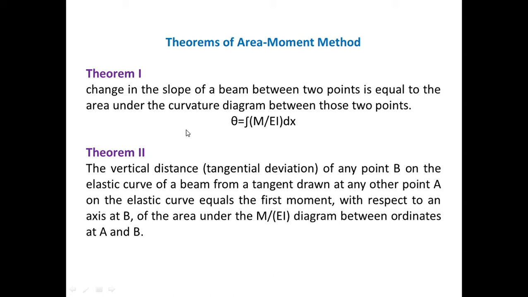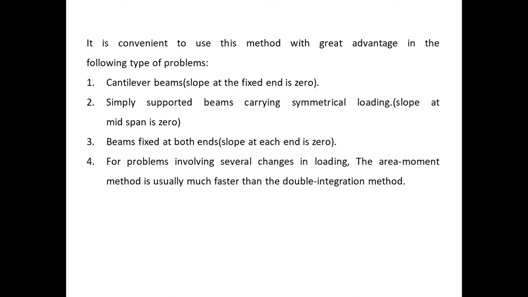Theorem 2 states that the vertical distance, called the tangential deviation, of any point B on the elastic curve of a beam from a tangent drawn at any other point A on the elastic curve equals the first moment, with respect to an axis at B, of the area under the curvature diagram between ordinates at A and B. These are the two theorems. In the next slide, we try to prove these two theorems. Right.